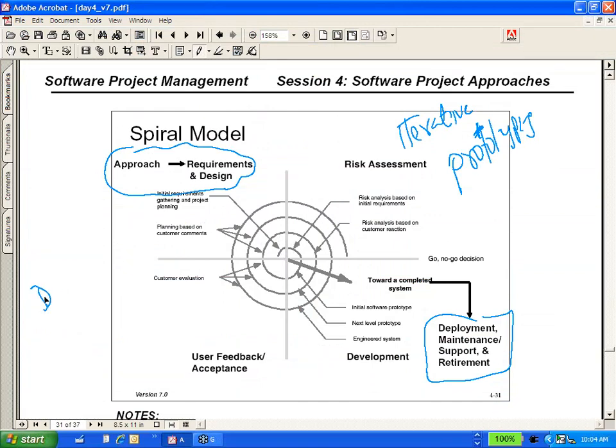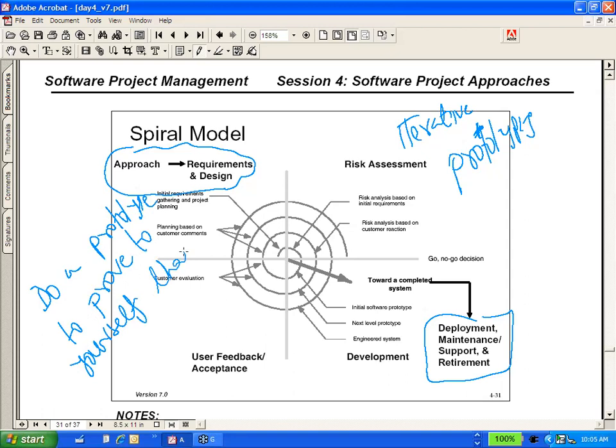So do a prototype to prove to yourself, and by yourself I mean the project team, that the risk can be handled. Before they get into full-blown development and design, they do a very small prototype to make sure that the risk they've identified can be dealt with.